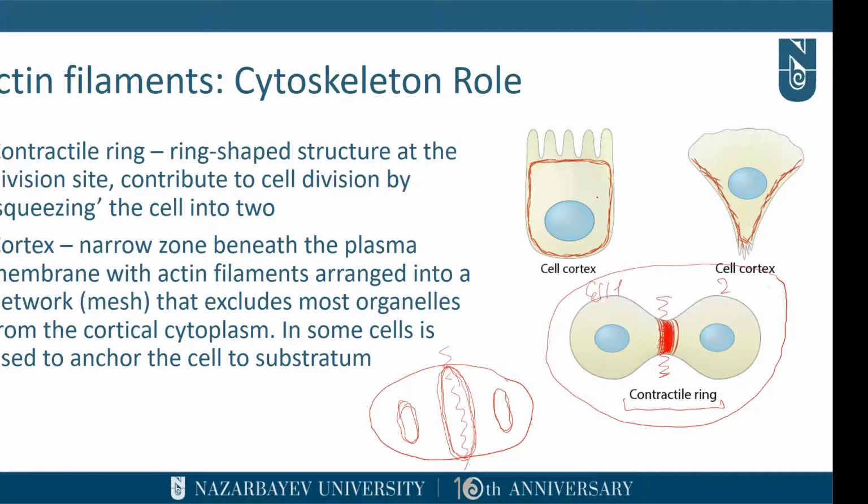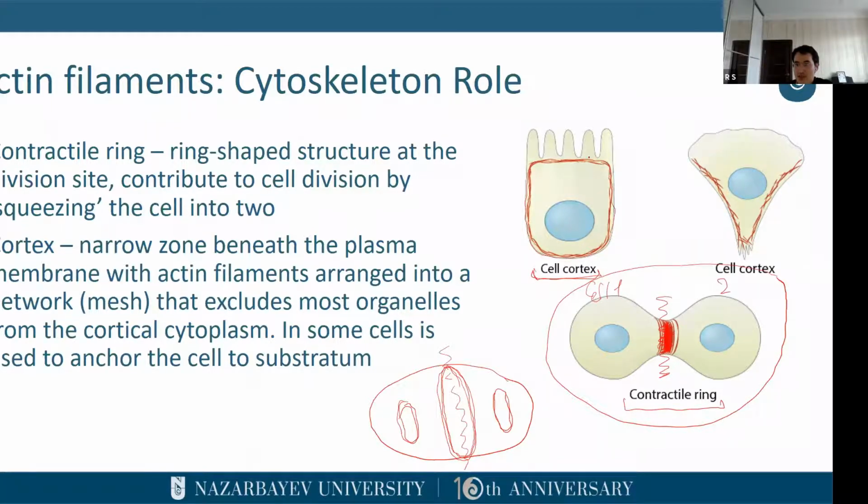Yes, it is. And finally, we have cell cortex. Cell cortex is everything that keeps the cell shape. And you can also see microtubules here. So this is the real carcass, or let's call it exoskeleton, of the cell.